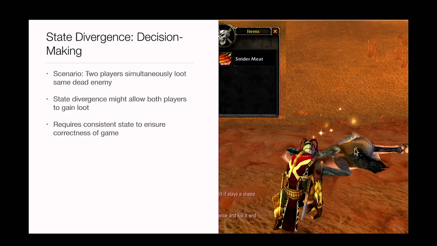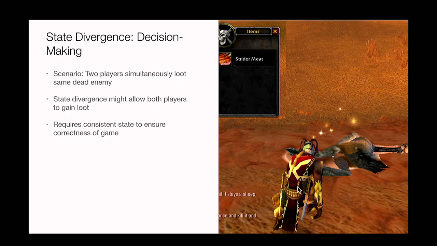If two different players come up to the creature at the same time and loot the body, both players can think that they've looted the creature, but in reality, one of them looted it first. Because of state divergence, both players' clients can think that the body is still available to be looted, so they both loot the body.